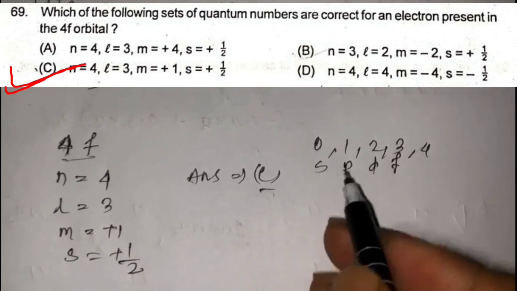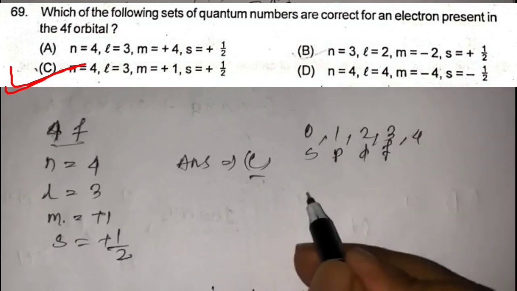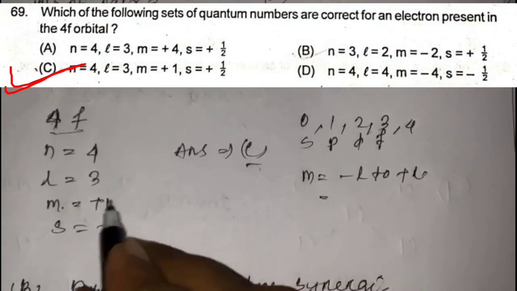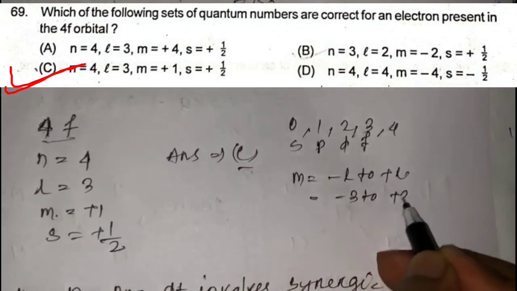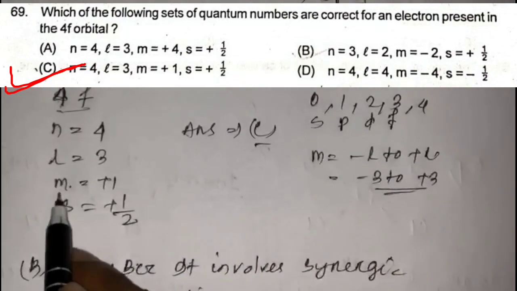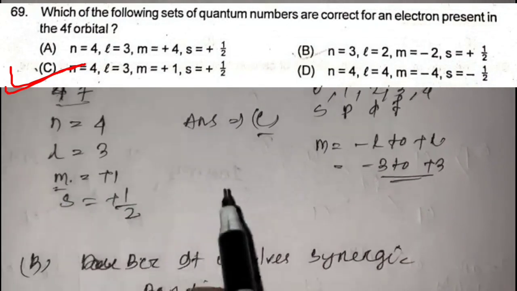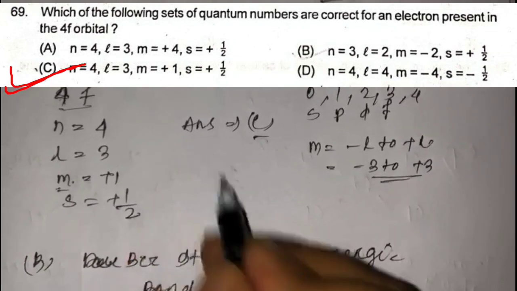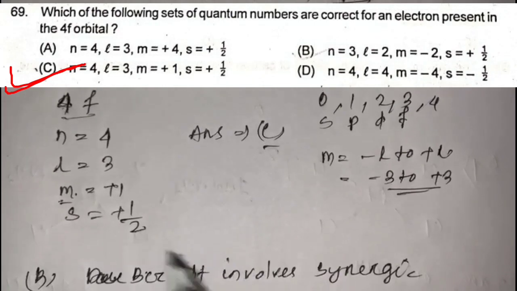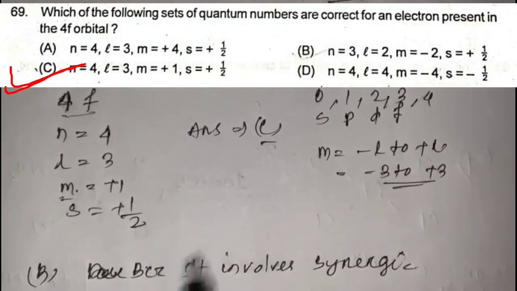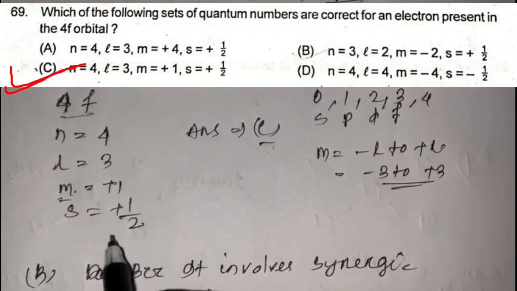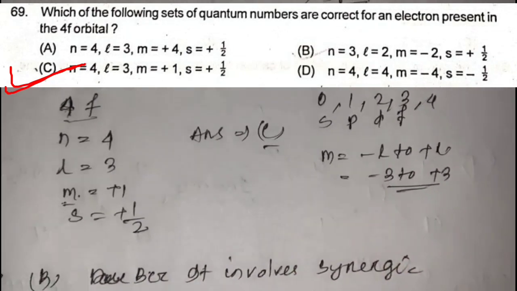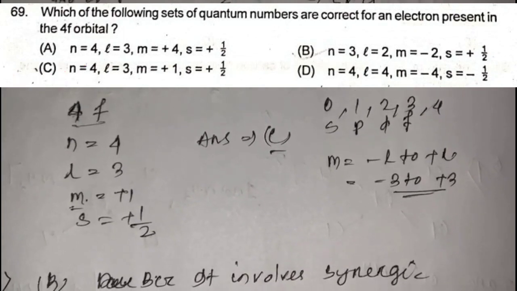Then your magnetic quantum number, that is M, will be minus L to plus L. So minus 3 to plus 3. So here in the option, there is an option that is M equal to plus 1. And the spin, if the electron revolves in a clockwise direction, then it must be plus half, and if it rotates in anti-clockwise direction, it will be minus half. So the correct answer for this question is answer number C.